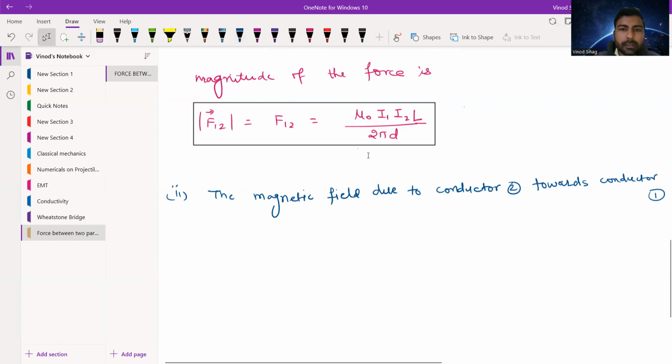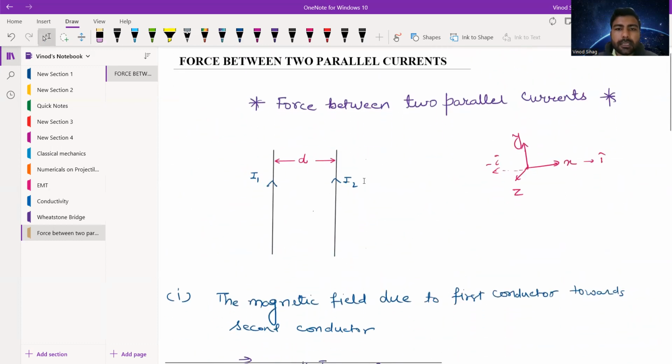Let me write here the first conductor and second conductor, so you will not get confused. This is the second conductor. In the second conductor, the current is I2, and we want to find out the magnetic field towards the first conductor.